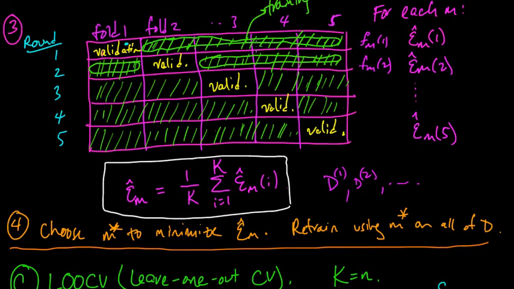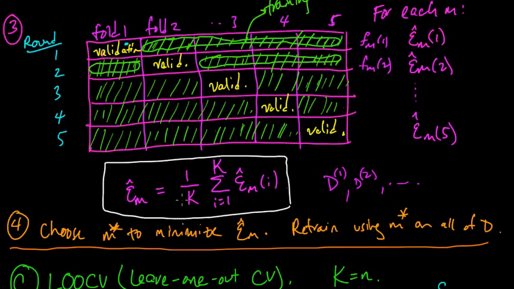And as a result, each of these functions is probably going to do much worse than if we trained on the whole data, because we're only getting half the data to work with. So we would expect these to not do as well as if we had trained on the whole data set. So this is going to be biased towards higher error.